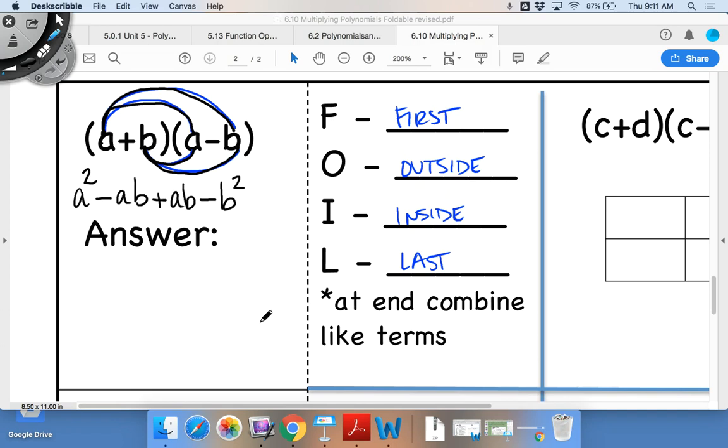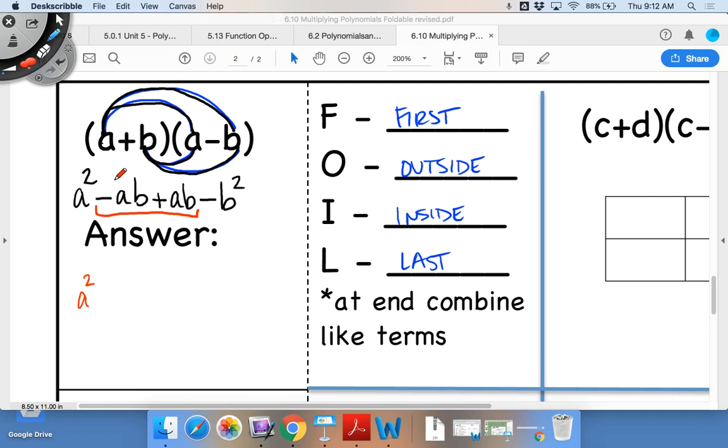But that's not our final answer because, like I said on the star, at the end we have to combine like terms. So typically these two middle terms will be alike because the letters are exactly the same with the same exponent. So a squared has nothing to go with it.